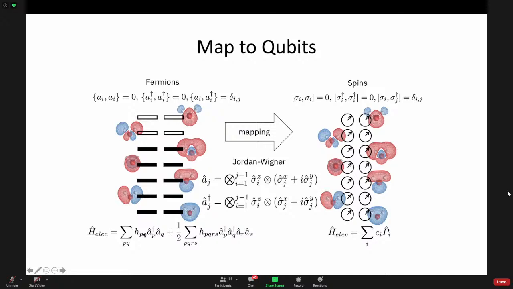For each term of this, we substitute these into this, and we reformulate it and add up a linear combination of these spin terms, or the Pauli terms. So we transform this into this, and by doing so, we could map it onto qubits.